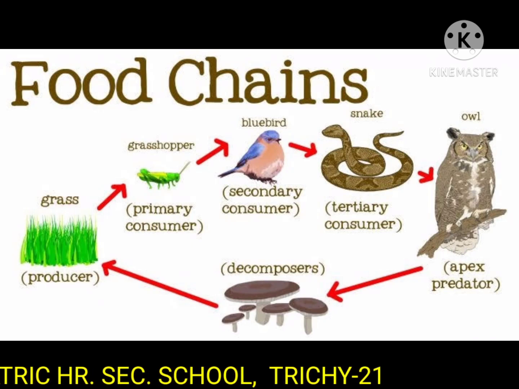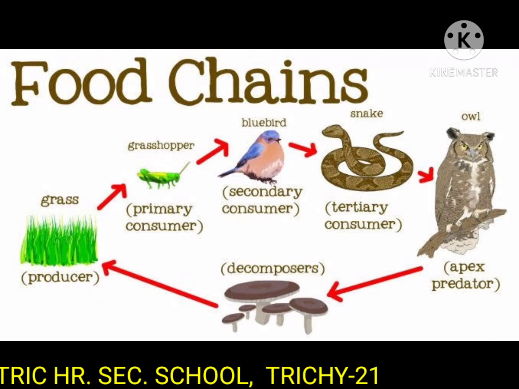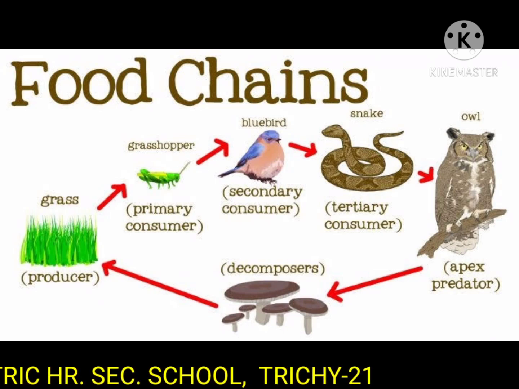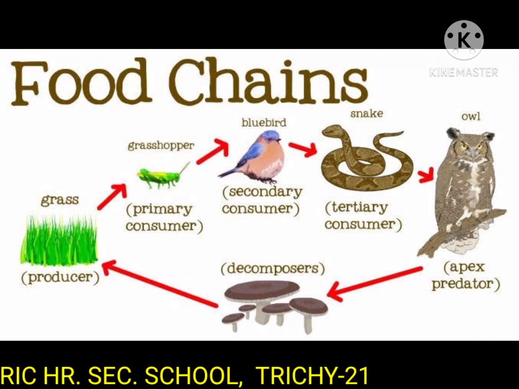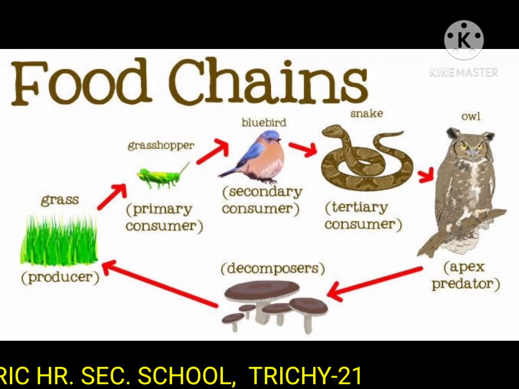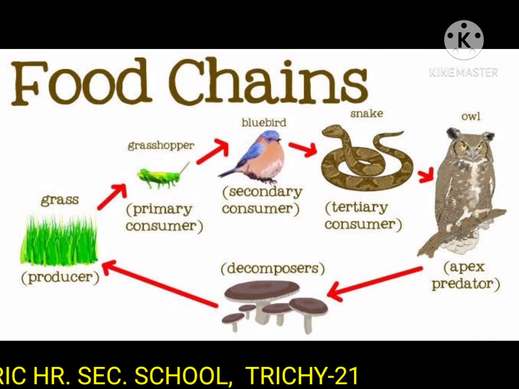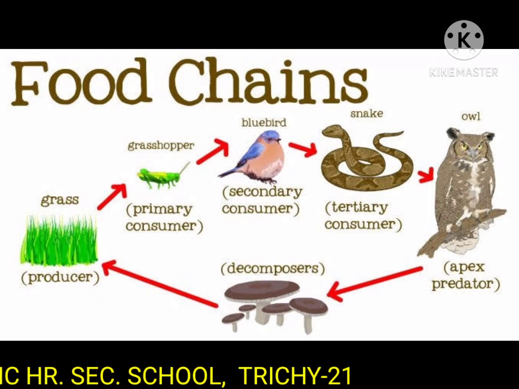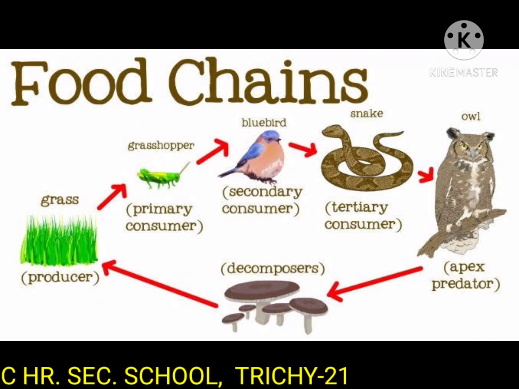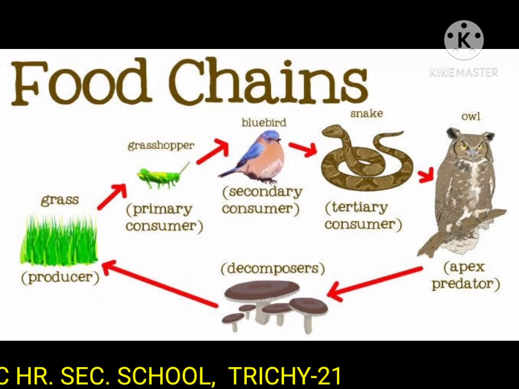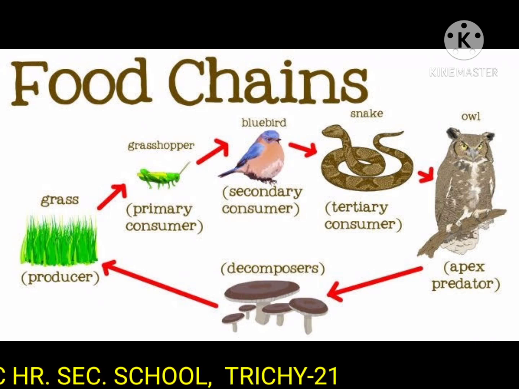Food chain and food web. Living organisms need food to perform their life processes. Some organisms can produce their own food, such as plants, while other organisms cannot do this and need to feed on other organisms to obtain their energy.